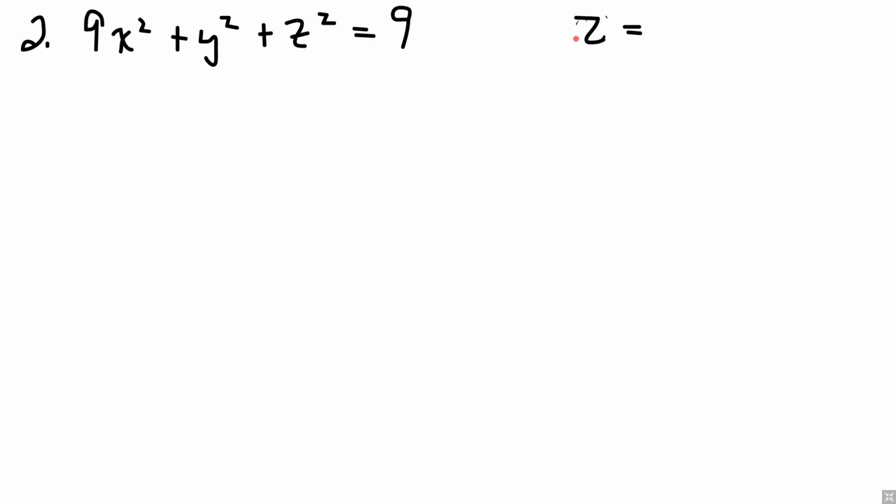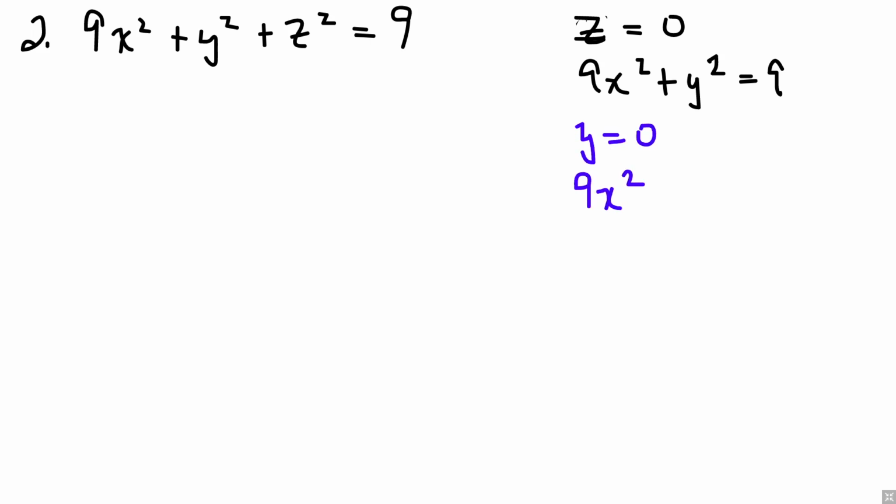If z is 0, it's going to create this equation. Then next, I'm going to let y be 0, and it's going to create this equation.